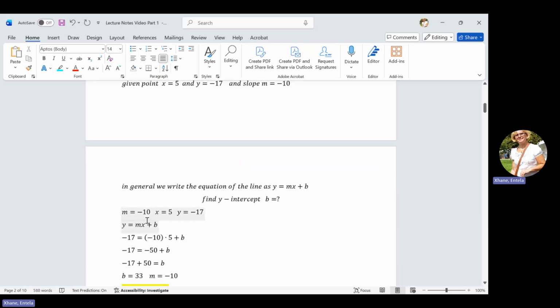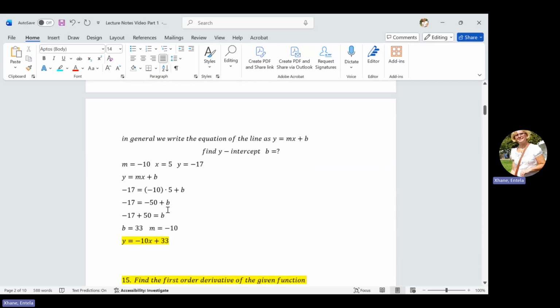As I said, m is -10, x is 5, y is -17. This is the slope-intercept form. So I'm going to replace y by -17, replace m by -10, replace x by 5, and then b is unknown. The product of -10 and 5 is -50. And then if you add 50 to both sides, b is 33 and m is -10. So that's going to be the equation of the tangent line.